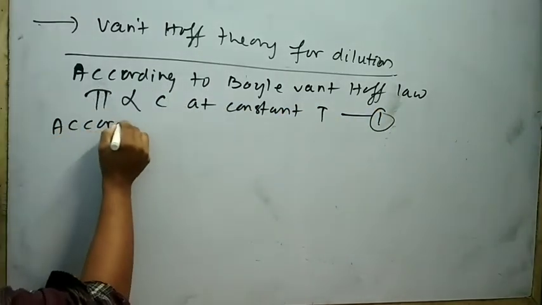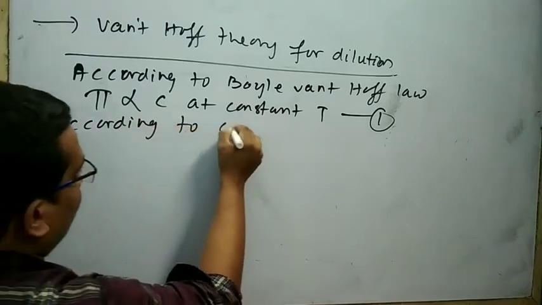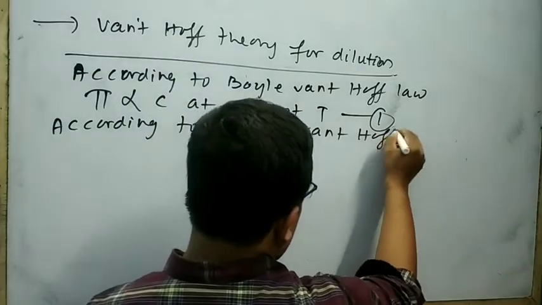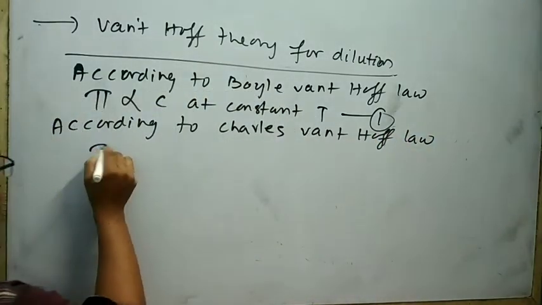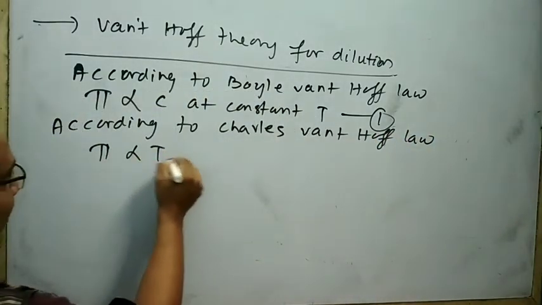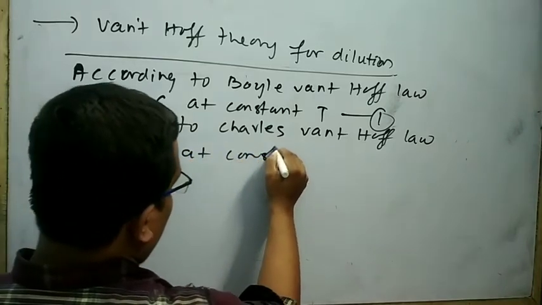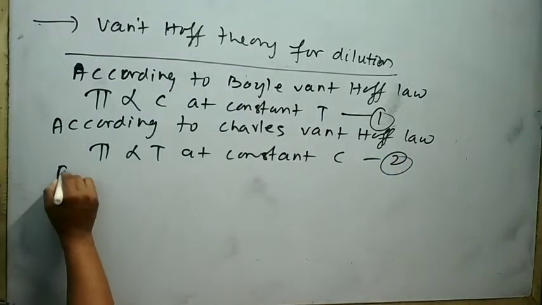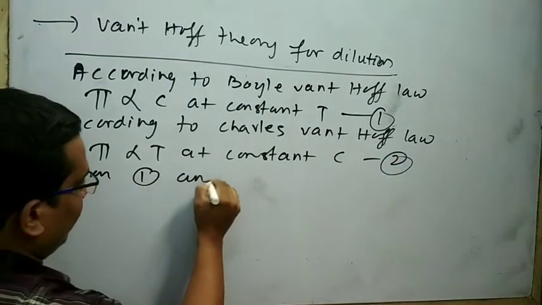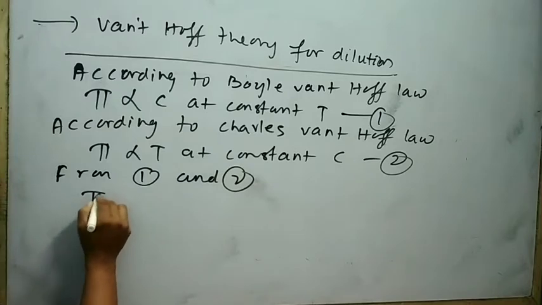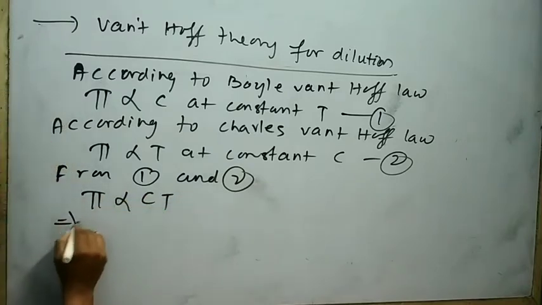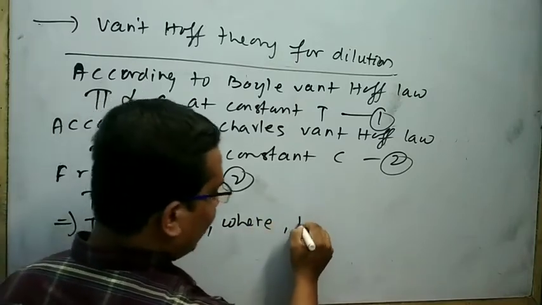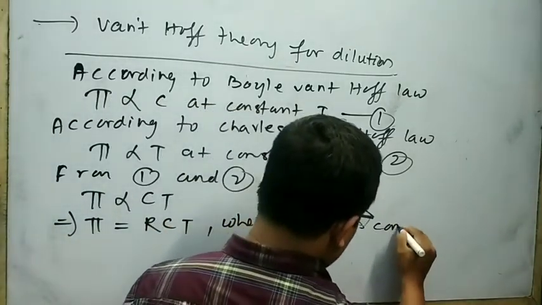Similarly, according to Charles-Van't-Hoff law, I can write pi proportional to T at constant C. Suppose this is 2. From 1 and 2, I can write pi proportional to CT, which implies pi is equal to R C T, where R equal to gas constant.